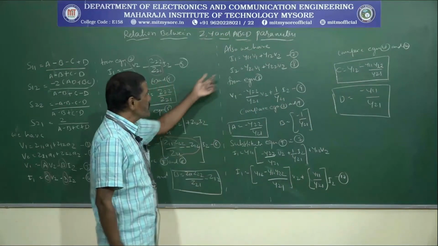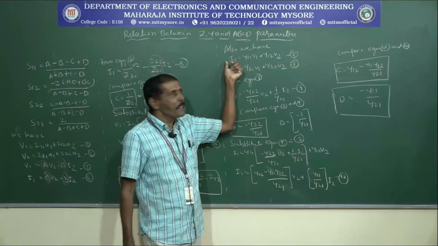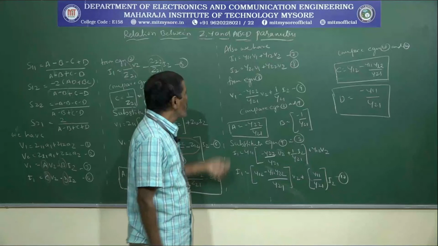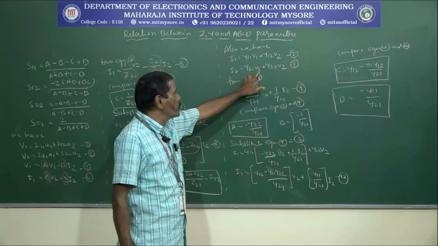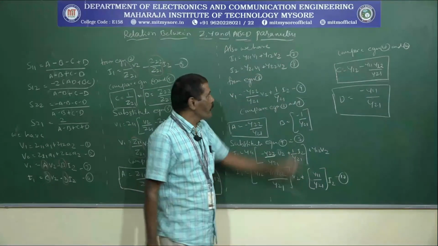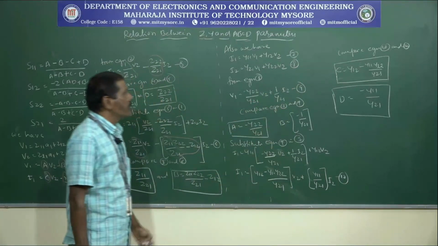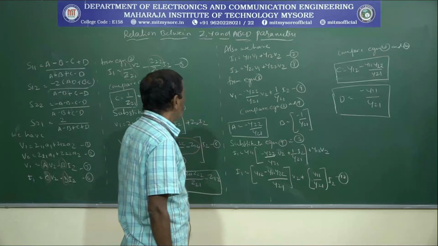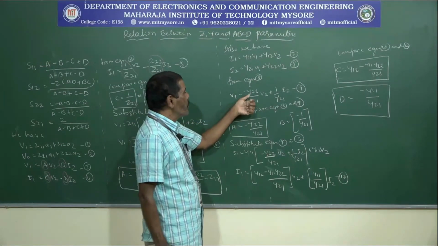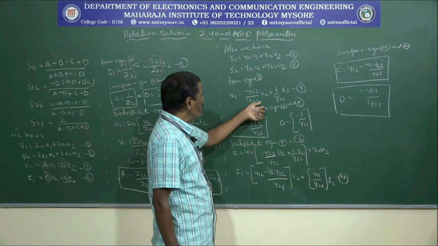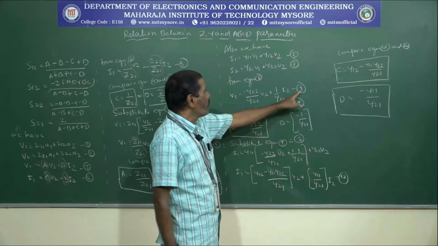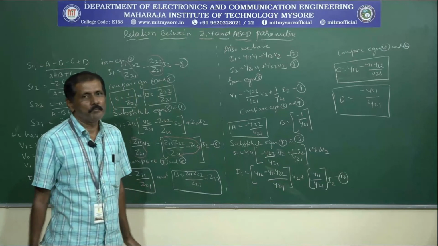For that purpose, I1 equal to Y11 into V1 plus Y12 into V2 and I2 equal to Y21 into V1 plus Y22 into V2, call these equation number 7 and 8. And from equation number 8, I can write V1 equal to Y22 divided by Y21 into V2 plus 1 by Y21 into I2, call it equation number 9.